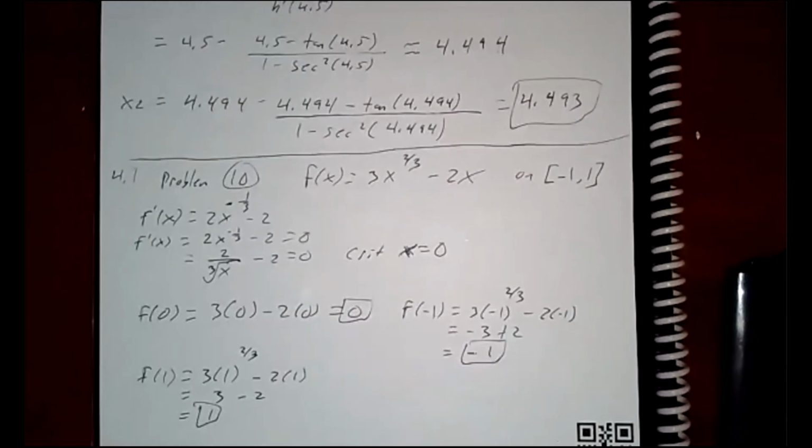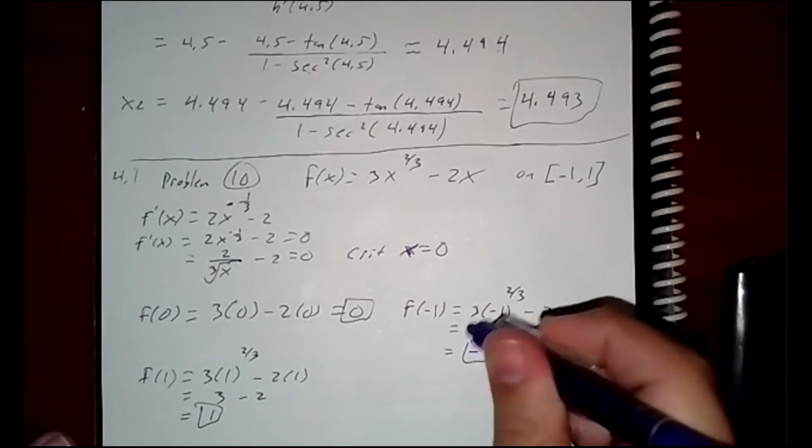So these are the possible minimums and maximums. So the smallest one is going to be, well, we have to plug them in, right? So we plugged in 0 to get 0. We plugged in -1. And did I make, let's see, is that right? Oh, actually, I'm sorry, that's not right.